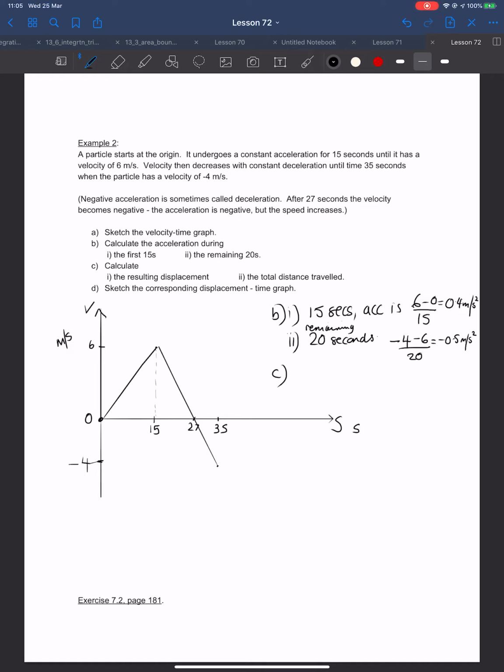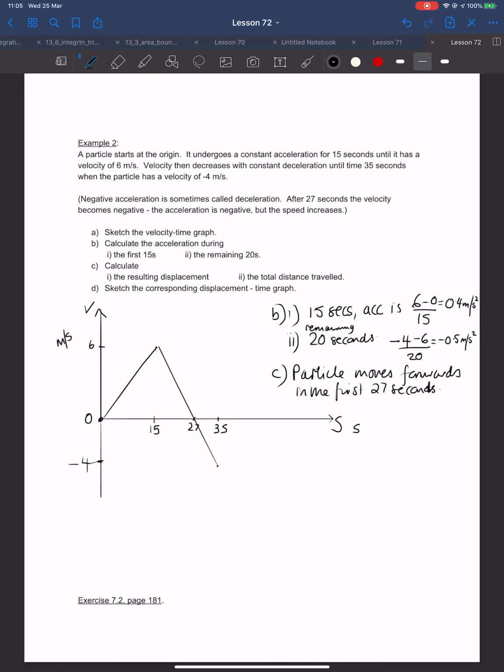In fact, we can change that. We don't need to do it in 15 seconds. In the first 27 seconds, the particle moves forwards, and the displacement is the area.